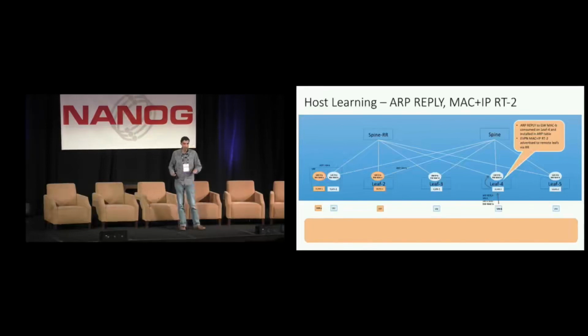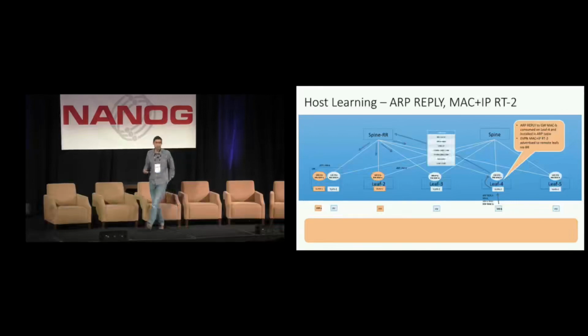So leaf 4 will simply learn the local MAC IP of VMB, install it in its ARP table, install it in its routing table, and generate a route type 2, which is a MAC plus IP route advertisement in the EVPN control plane, to all the other leaves that are part of the layer 2 VPN and the layer 3 VPN overlay in the data center.